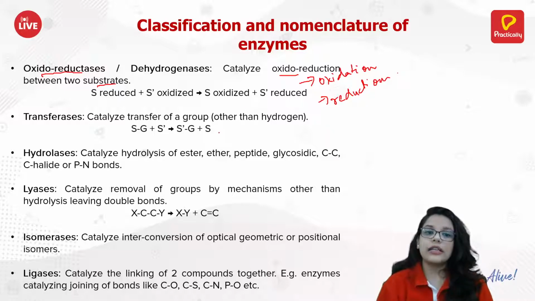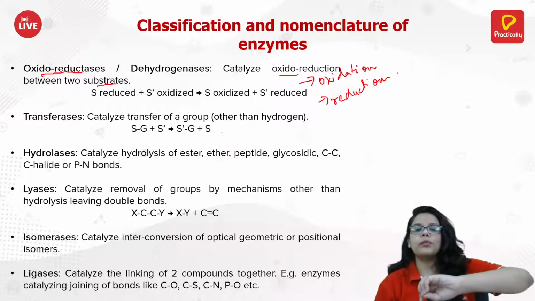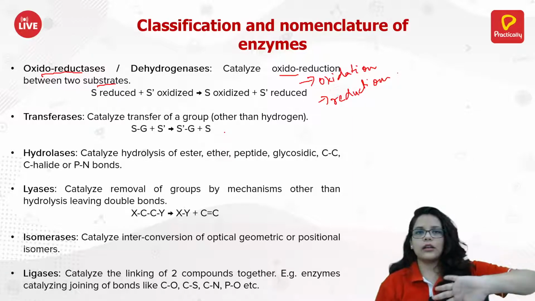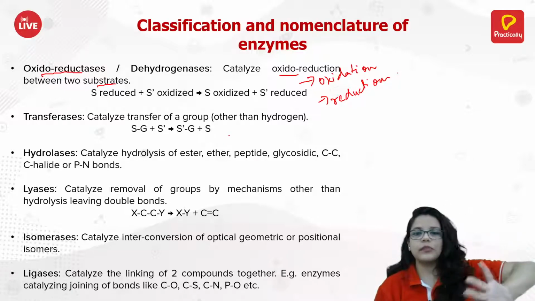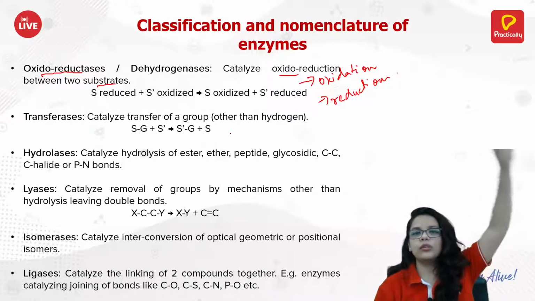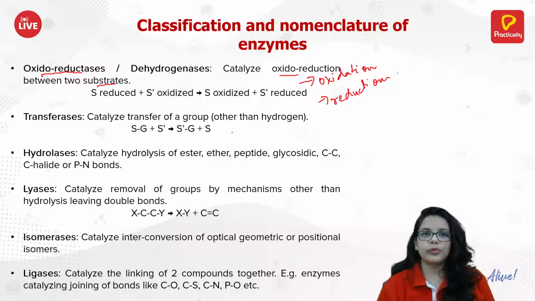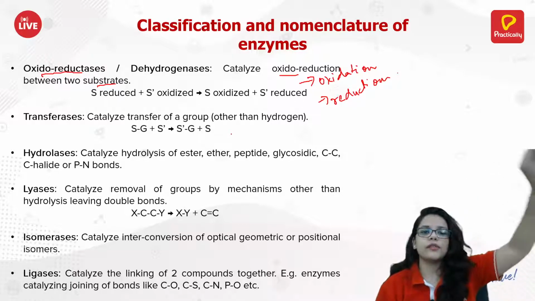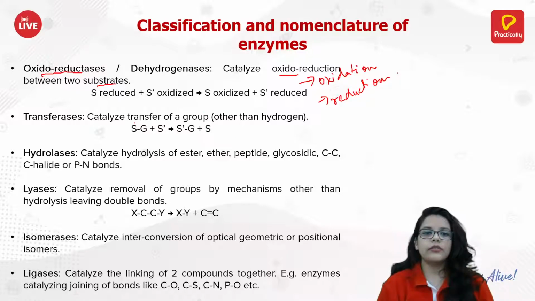Now there are transferases, where one group, any other than hydrogen, such as an ester or aldehyde group, gets transferred to another group. So any one group gets transferred to the other molecule. Here we have a group G, and it gets transferred to this S dash position.